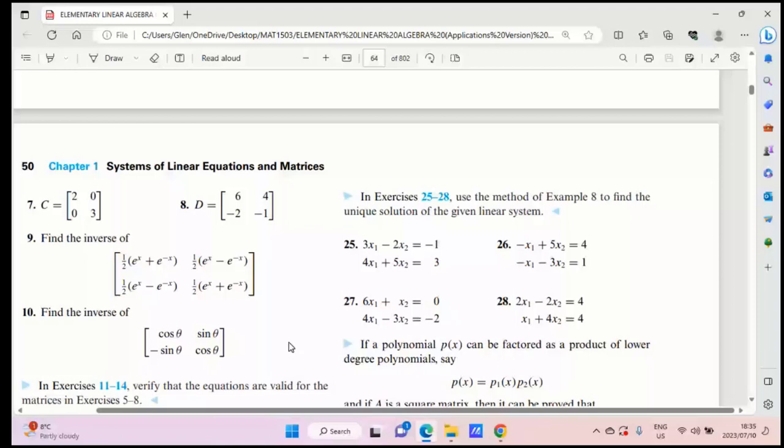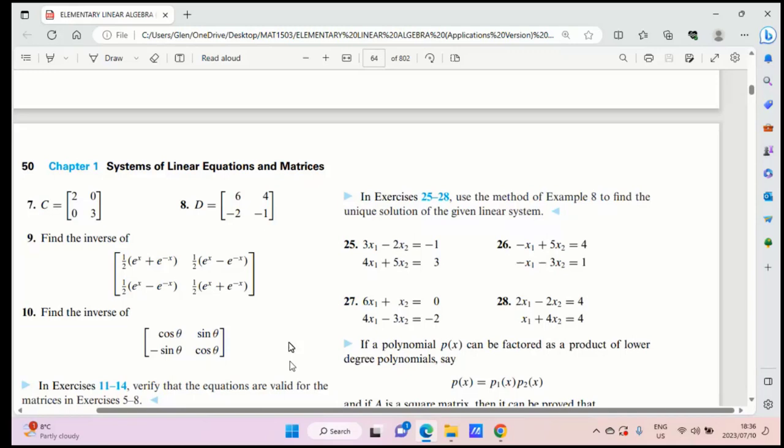Now what did you get as an answer, my sister? My first row I got 1/2 into e to the power of x plus e to the power of negative x, and negative 1/2 into e to the power of x minus e to the power of negative x. Slowly, let's start from the first term.